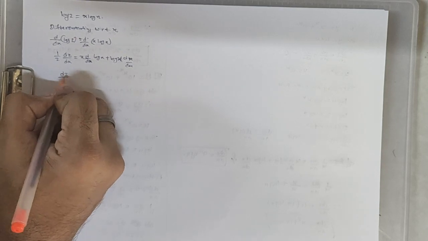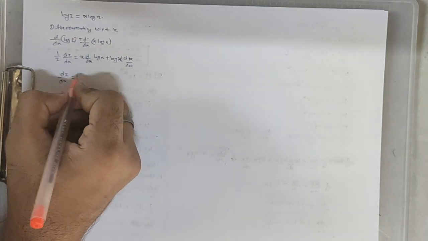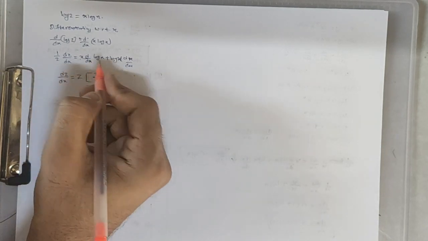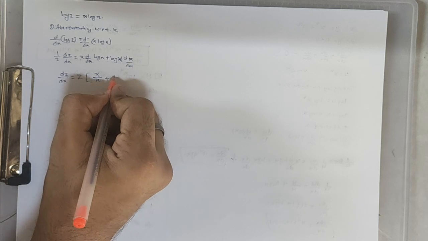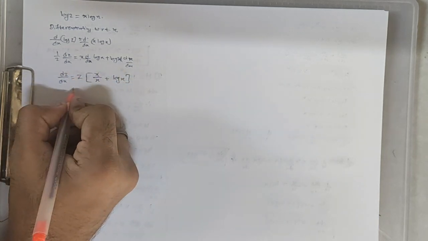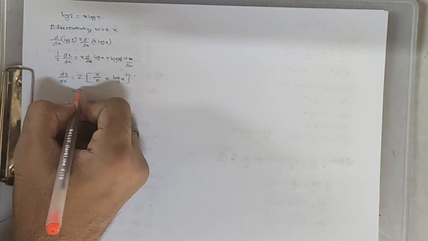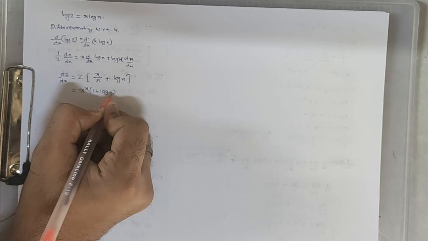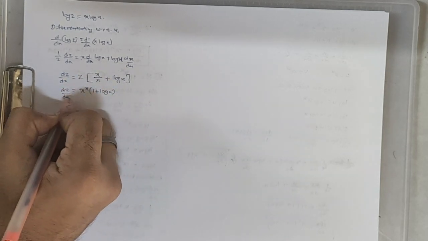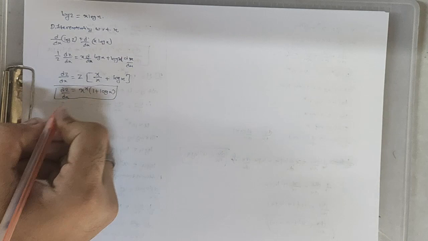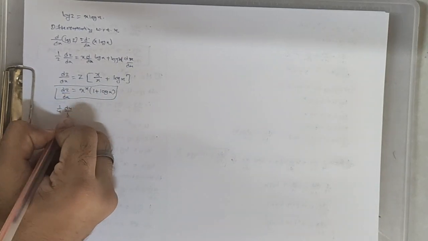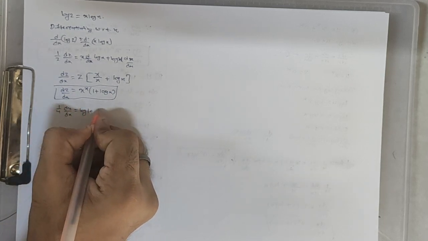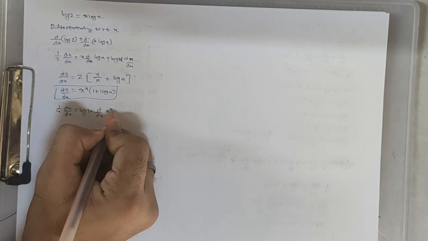So dz upon dx is equal to z into, differentiation of log x is 1 by x and here is x, so x by x plus log x. So we replace z, z is x raised to x, and this will be 1 plus log x. Now we know 1 upon u du upon dx, which we have derived previously, is the differentiation of 10 raised to x raised to x.